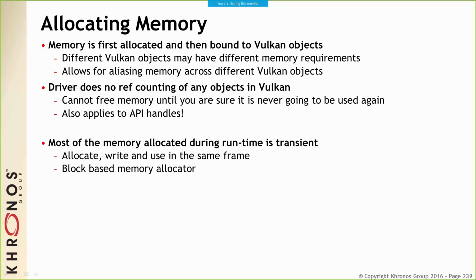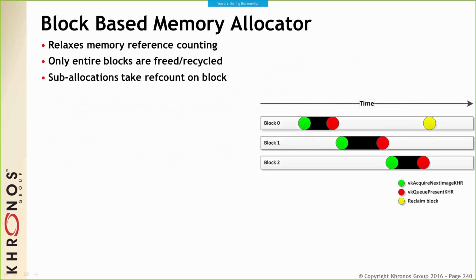In our memory manager, the only thing it cares about are large chunks of memory, let's say 2 or 4 megabytes at a time. So the only things that are allocated and reclaimed are these big blocks. Every time we make an allocation, it allocates a chunk of that and adds a ref count to that block.